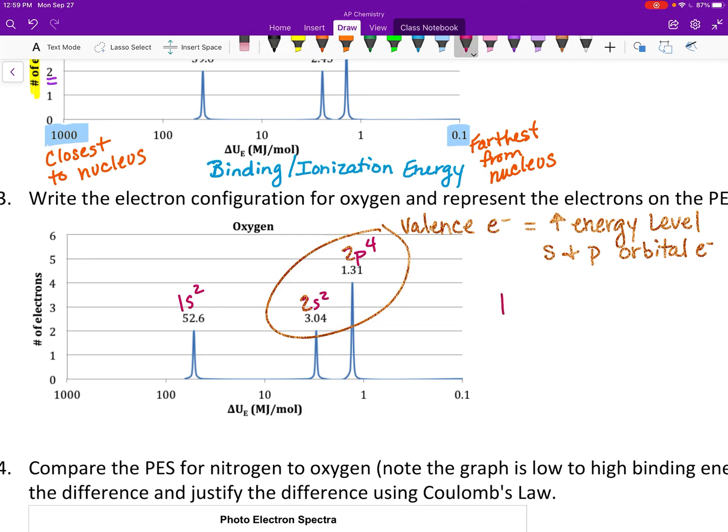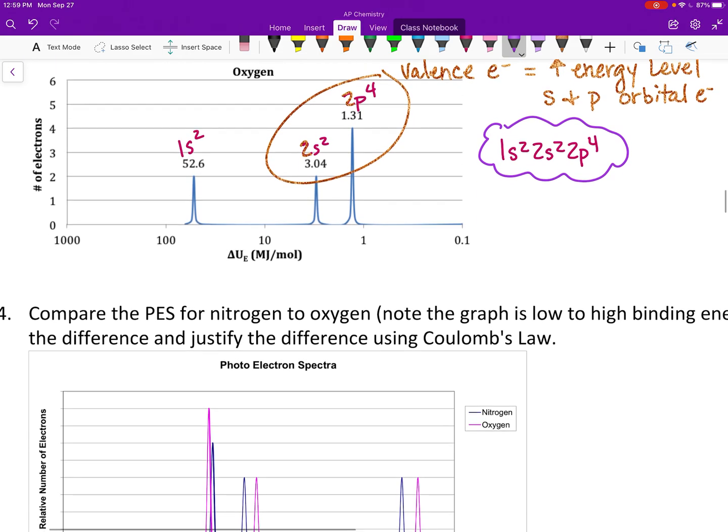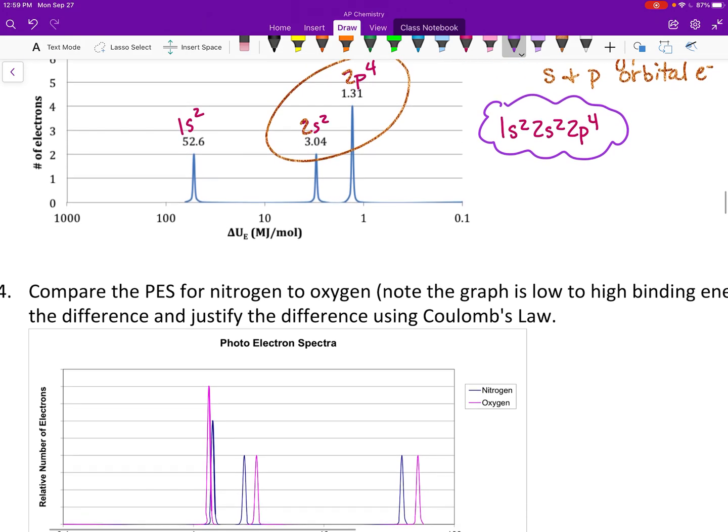All right, and then we can just go ahead and write this out. So we have 1s2, 2s2, 2p4, and that matches up with what we have for oxygen. So from a graph like this, we would be able to determine what the electron configuration is, and then from that we can determine what the element would be.